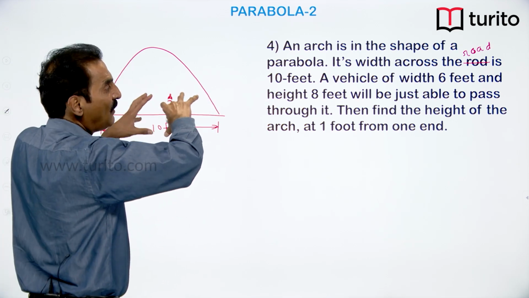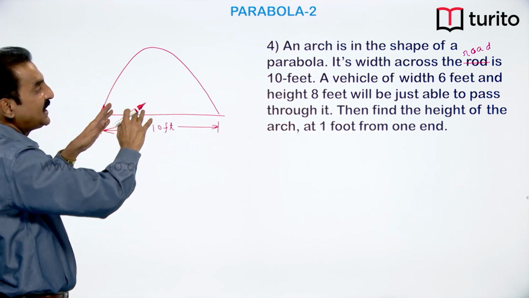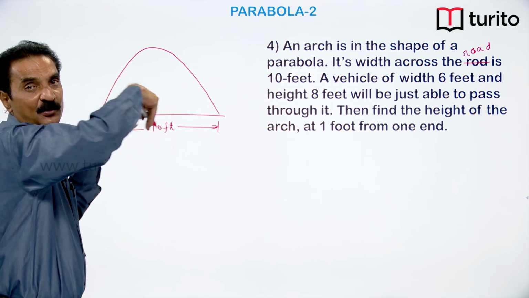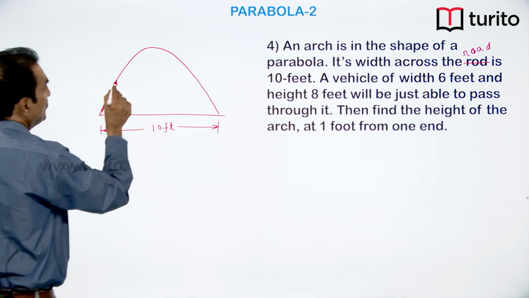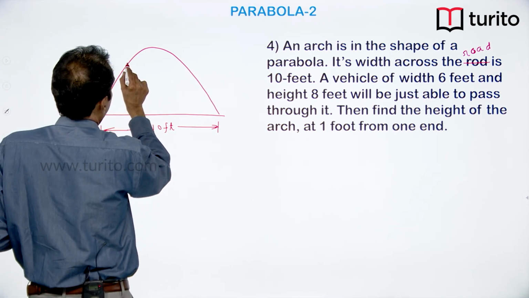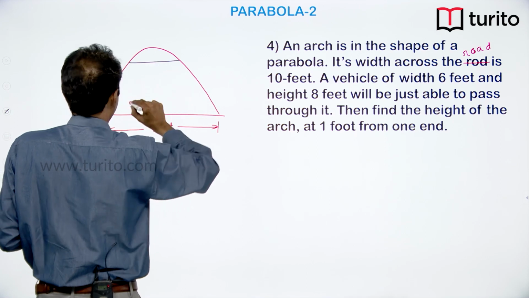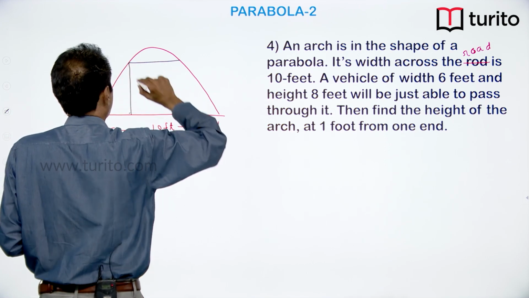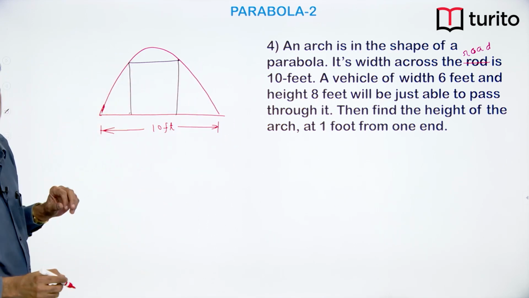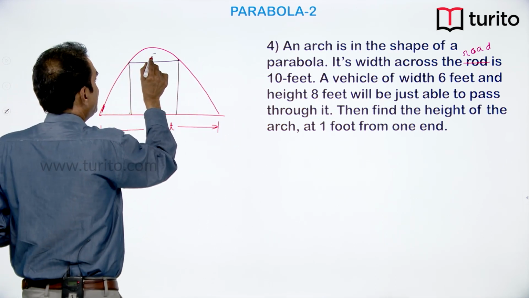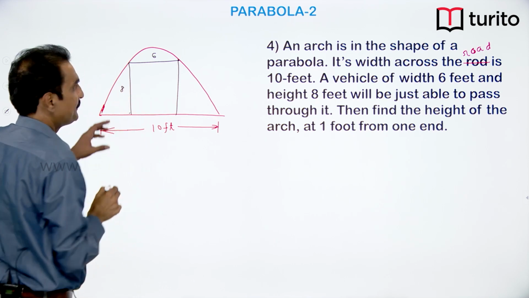What else? A vehicle of width 6 feet and height 8 feet will be just able to pass through it. Say this is a vehicle of width 6 feet and height 8 feet.